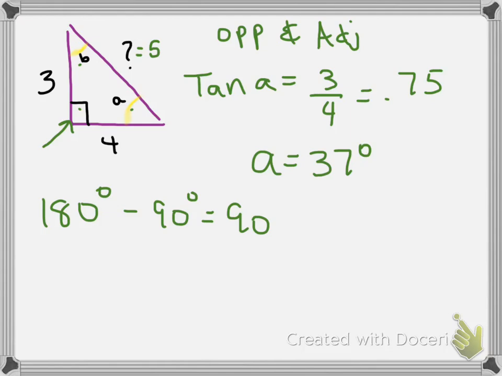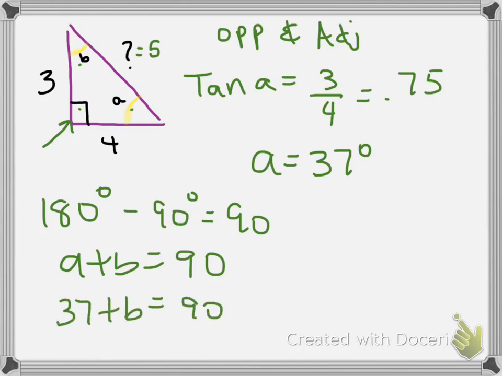If you know that A is 37, all we have to do is subtract this 37 from 90, and we'll have our B value. So that would make B equal to 53, because that's just subtracted.